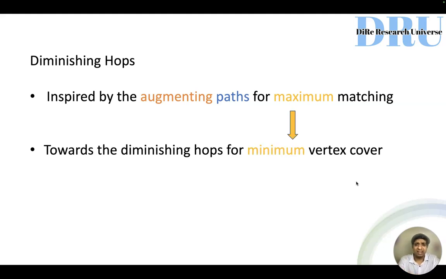And given that our aim is to minimize the size of the vertex cover that we have, instead of augmenting an existing vertex cover that may be given to us, we want to diminish or decrease its size. And we do so by hopping around in the graph instead of following a set path.